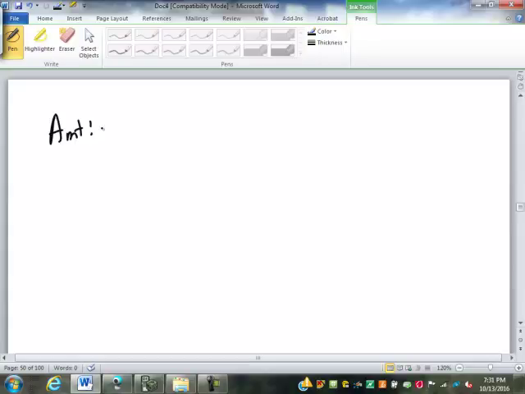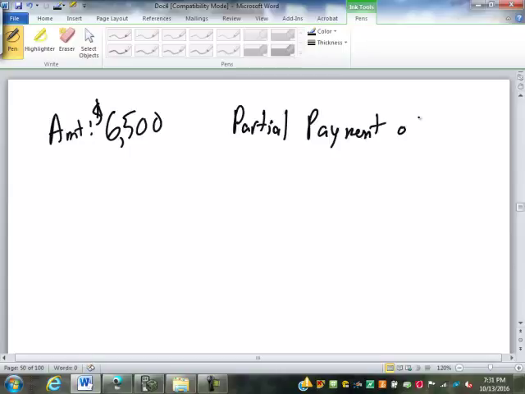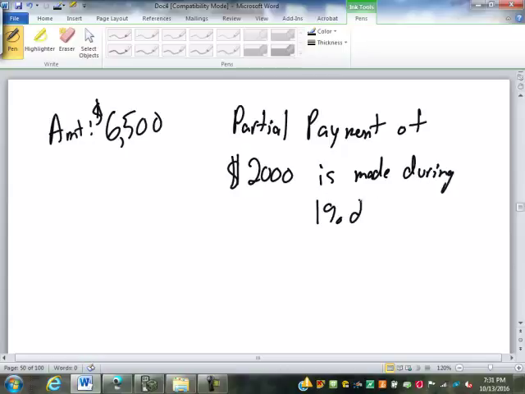So let's say we have an invoice for the amount of $6,500. A partial payment of $2,000 is made during the 1% discount period.